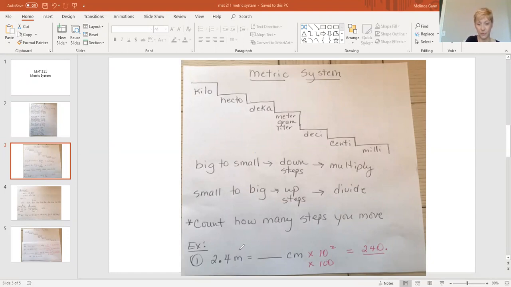So look at this example. 2 4/10 meters is how many centimeters? Remember, you're going from the number to the blank, so meter to centimeter is big to small, so that's why I multiplied. Notice it says count how many steps you move, not how many you're on, but how many you move. If you start on meter and walk down the steps to centimeter, you'd walk down 1, 2 steps.